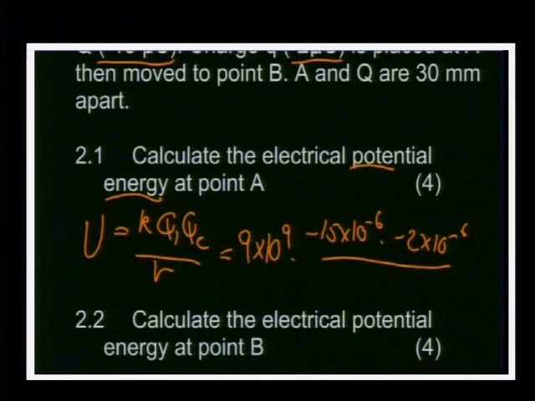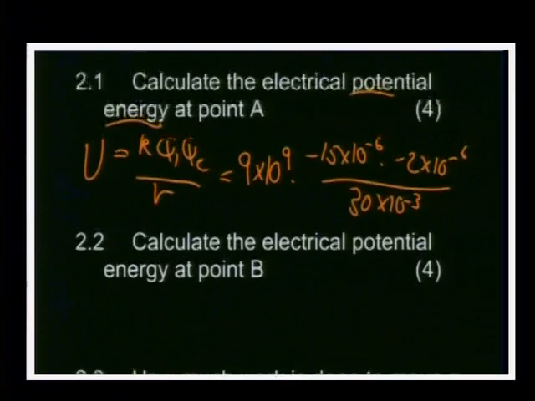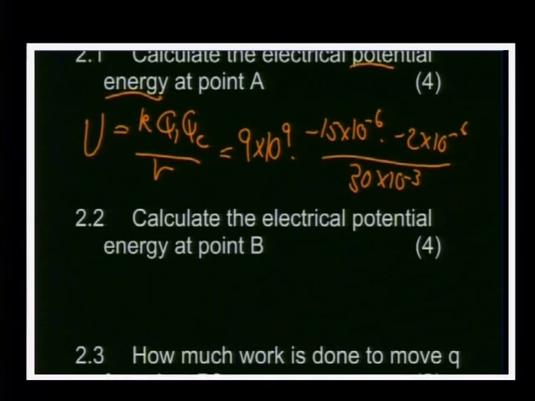We recognize this is going to be repulsion. The r value here was 30 millimeters, so we're going to convert it to times 10 to the minus 3 to get into meters. When you substitute that into the calculator, you find that you get a value, and here's the important thing, of 9 joules. Okay, 9 joules. This is a unit of energy, so we're not surprised by that.